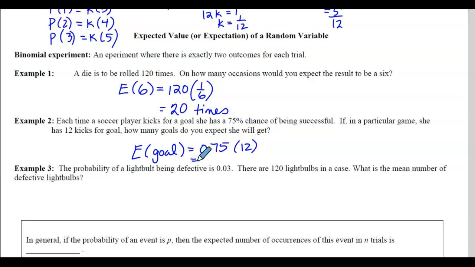That's 3/4 of her kicks going to be goals, which would be 9 goals. Again, some games she might get 8, some she might get 10, but overall, on average, she's going to get 9 goals for every 12 that she kicks.